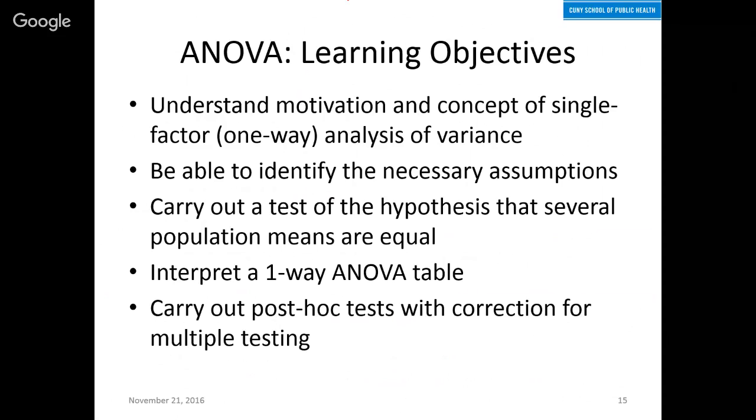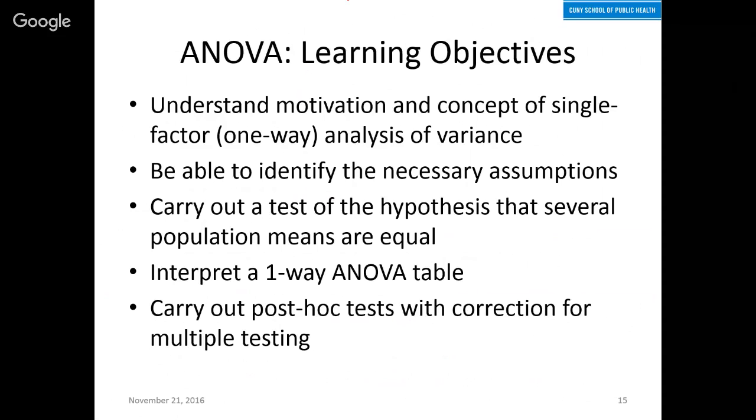We're just going to cover single factor or one-way analysis of variance, which is where there's just one single thing that you think might explain some of the variability in your outcome, and it's a categorical factor.